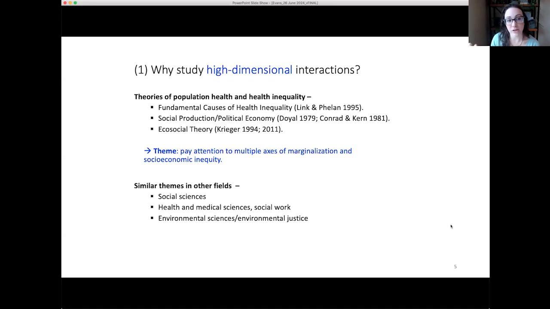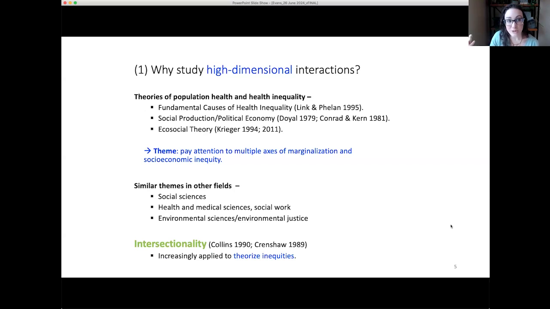And we see similar themes crop up in other fields. So for anyone who might be coming from a not purely social epi background, anything in the social sciences, health and medical sciences, social work, certainly environmental sciences, environmental justice work, we see a lot of similar themes come through there.